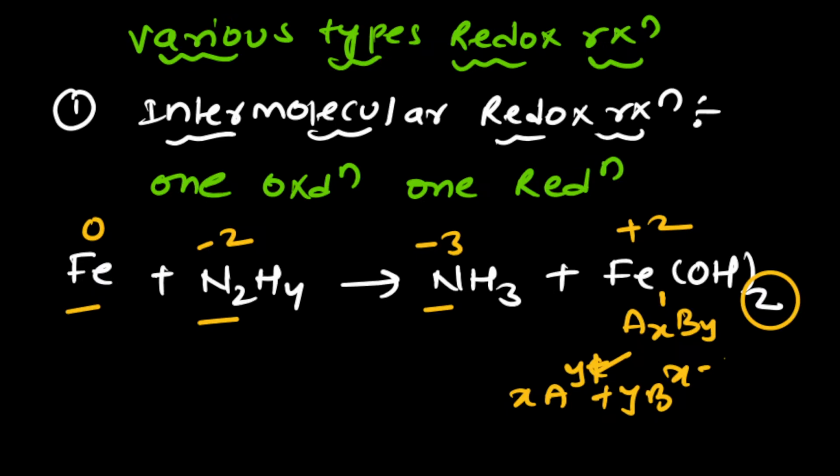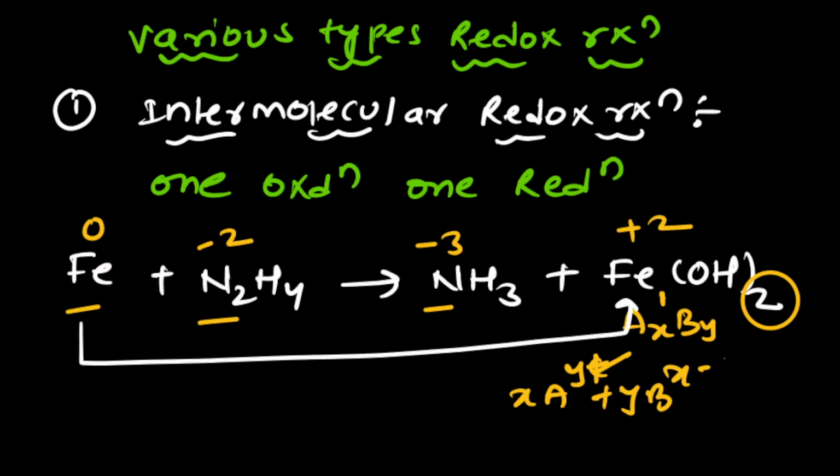From 0 to +2 it has come, that's the reason it is oxidation, right? -2 to -3 it has reached, that is reduction. From 0 to +2 means loss of electron, oxidation, right?